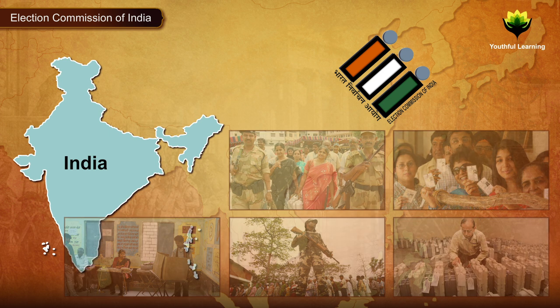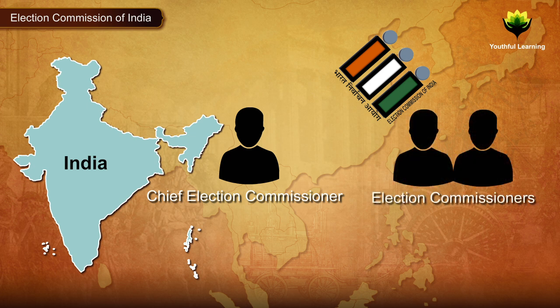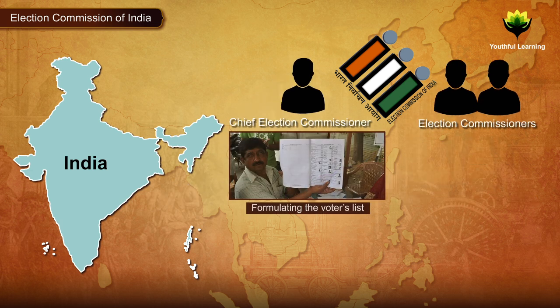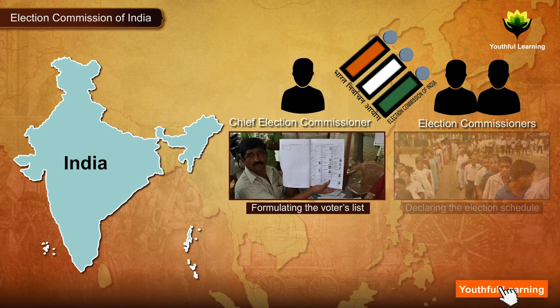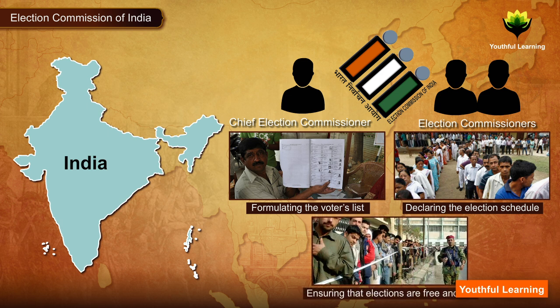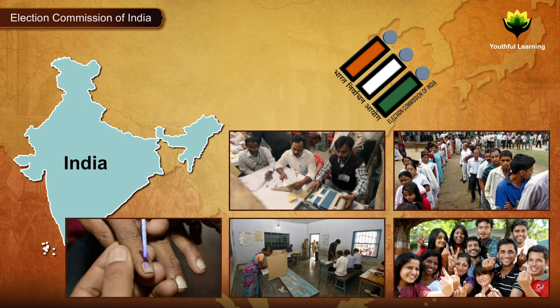It consists of a Chief Election Commissioner and 2 Election Commissioners. Its functions include formulating the voters' list, declaring the election schedule, and ensuring that elections are free and fair. Thus, it is responsible for the entire electoral process.